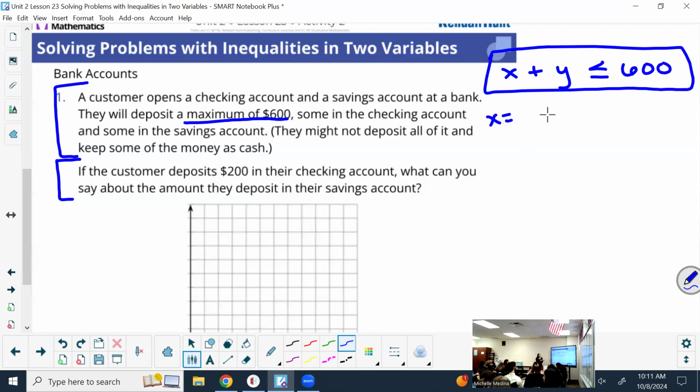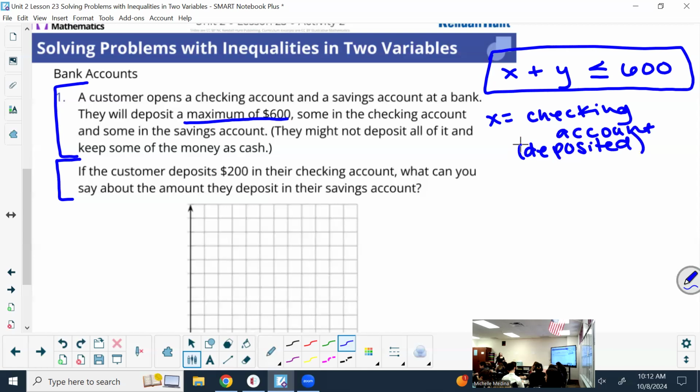Okay, I would agree. Whatever comes first tends to be what I would label X as. And I wouldn't just put checking account, I would put deposited, because on your constructed response test, you want to be specific.